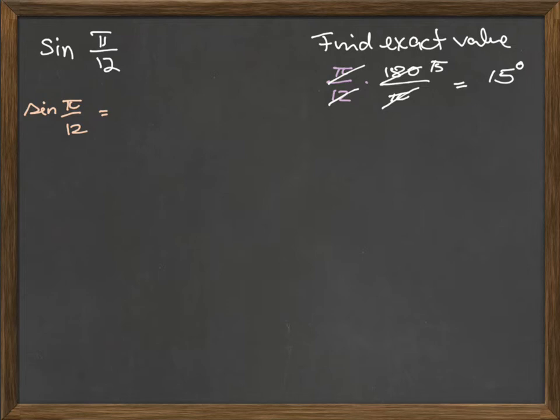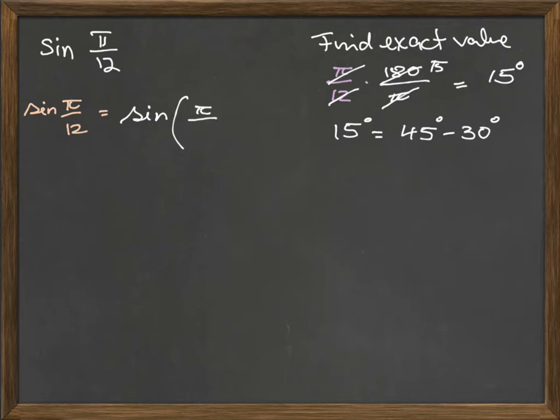How can you represent 15 degrees? 45 minus 30. Right? These are the two that we know. So that means the sine of pi over 12, we're going to rewrite it as the sine. 45 degrees is what?